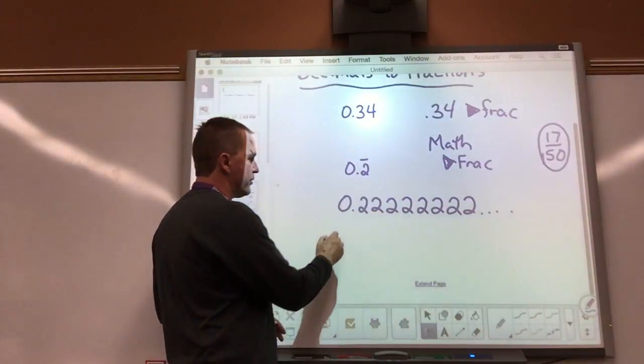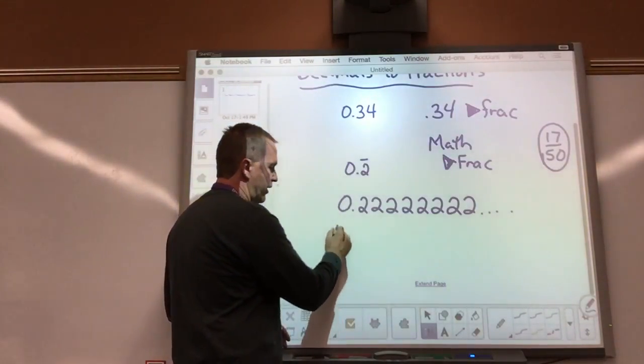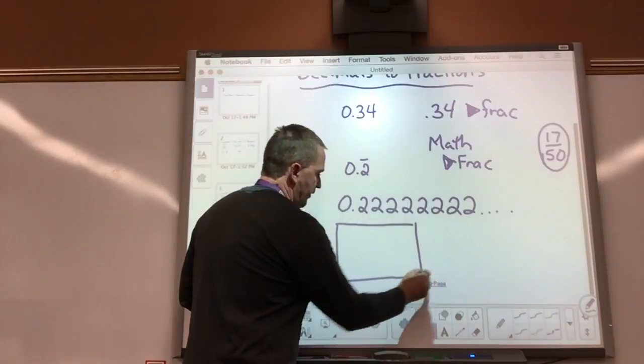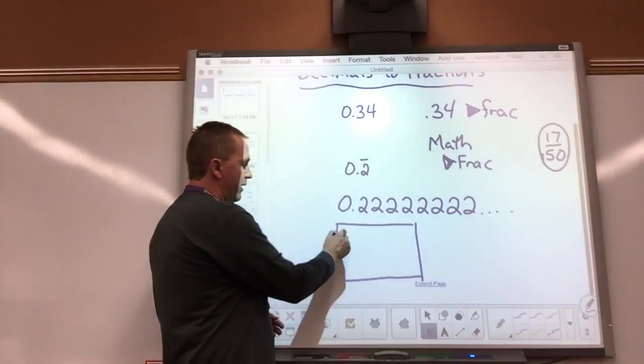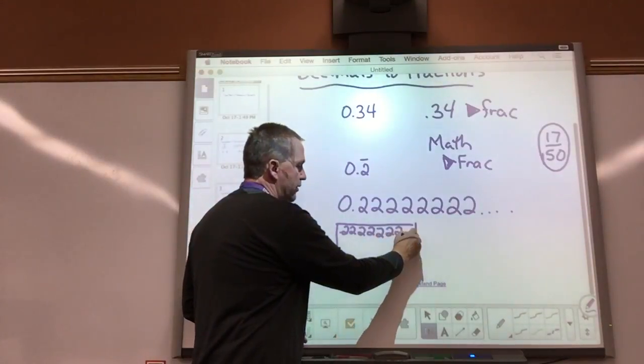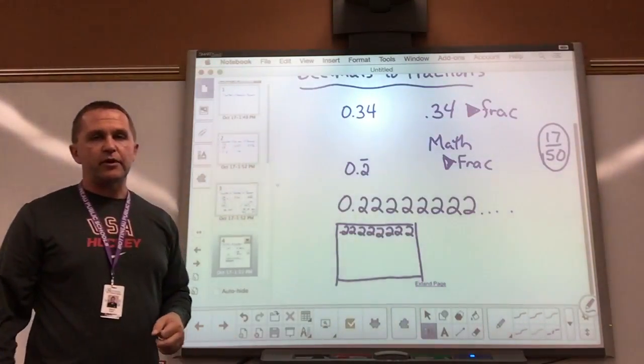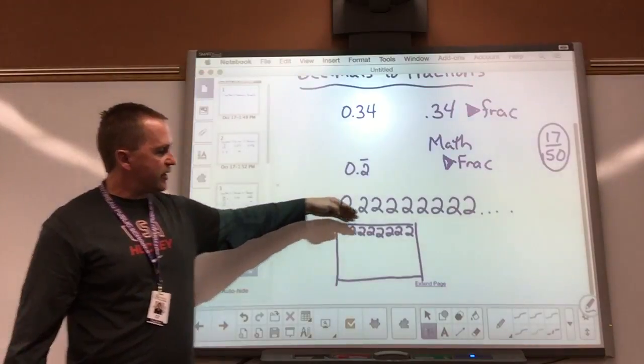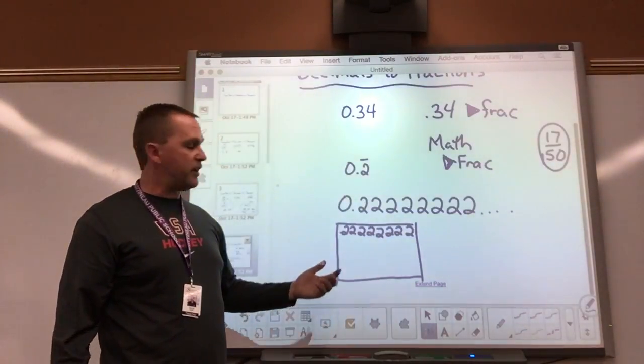And I just simply tell students that when they type this in on a graphing calculator, if this is the screen of my calculator, I need to make sure that I put enough 2's that I go all the way across the screen. That allows the calculator to establish that it's a repeating decimal.